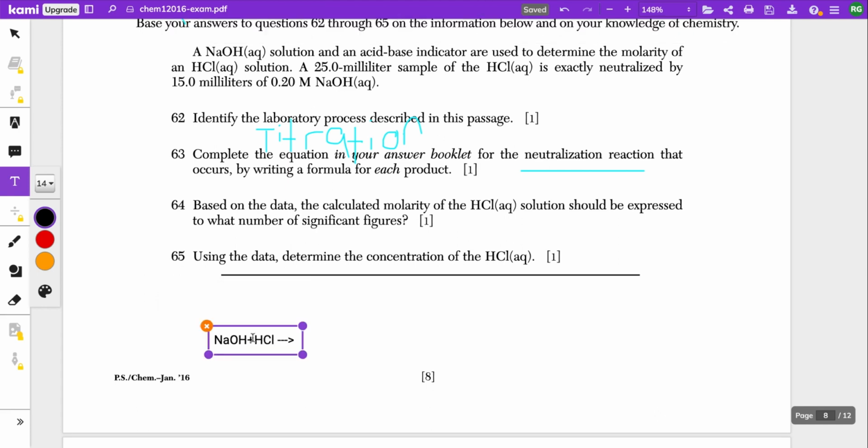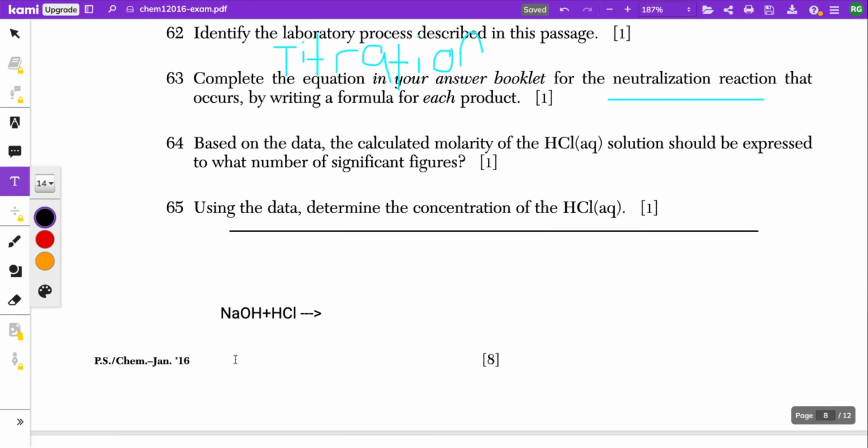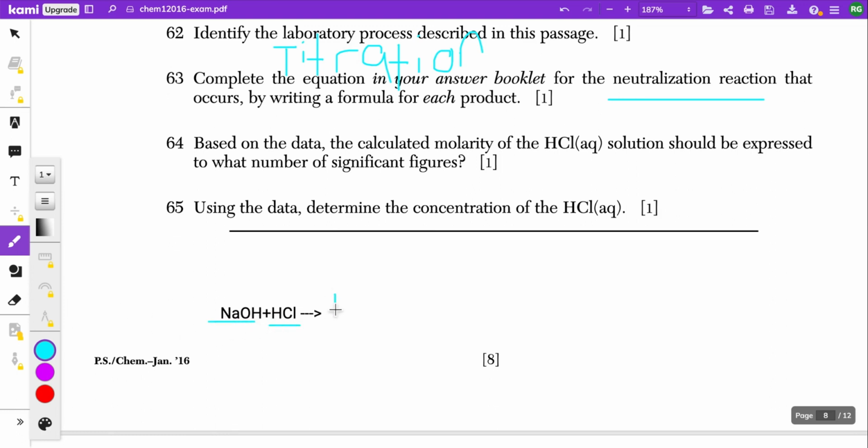Write out the products of this reaction. This is also a neutralization reaction, by the way. Now, if you have a strong acid and a strong base, they're always going to form water, okay? So in any neutralization reaction, you're going to form water, and this is a double replacement reaction.